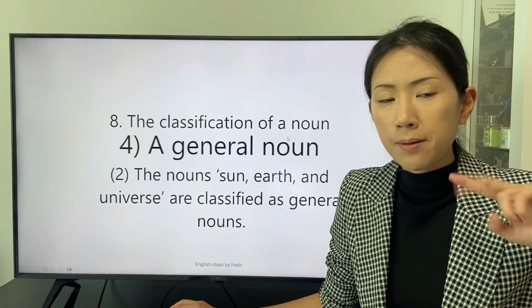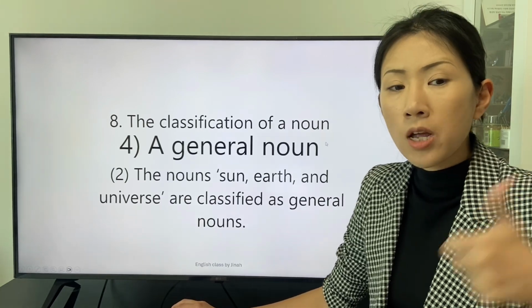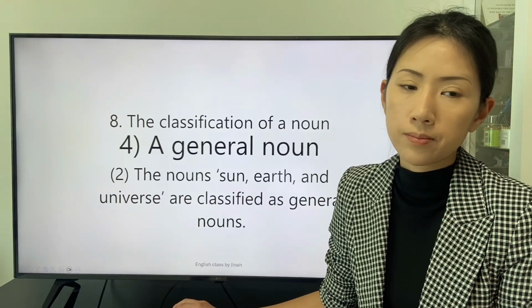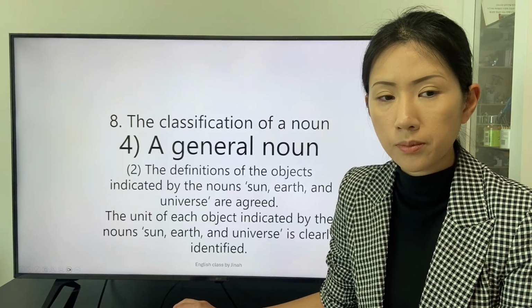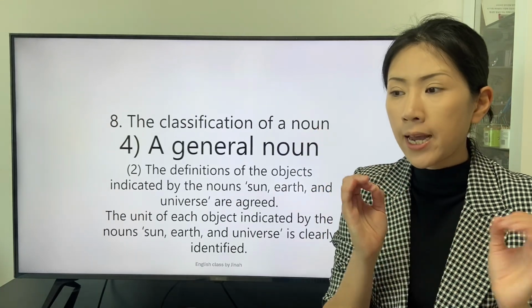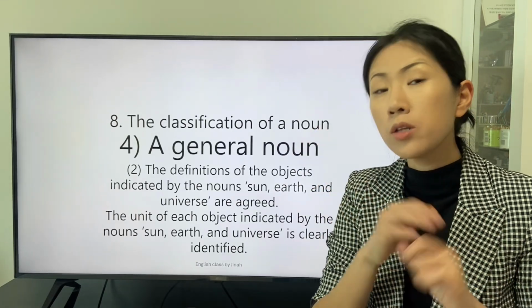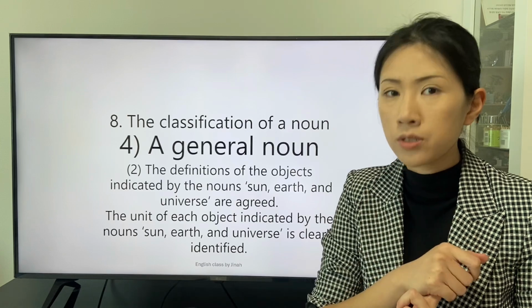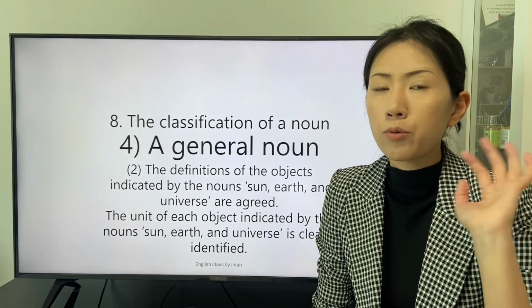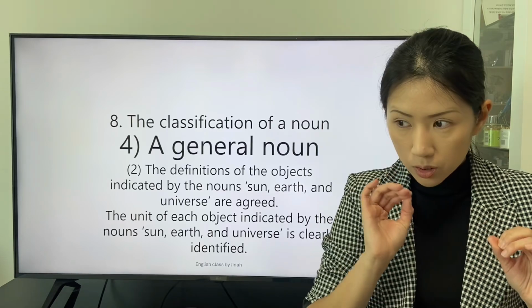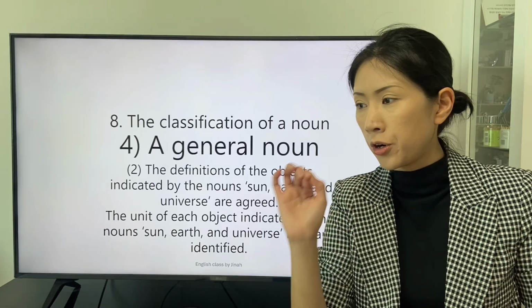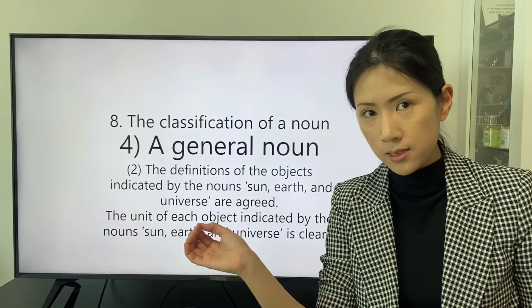For the second example, the nouns sun, earth, and universe are classified as general nouns. The definitions of the objects indicated by the nouns sun, earth, and universe are agreed. People in the linguistic group know what the object indicated by sun, earth, or universe is.